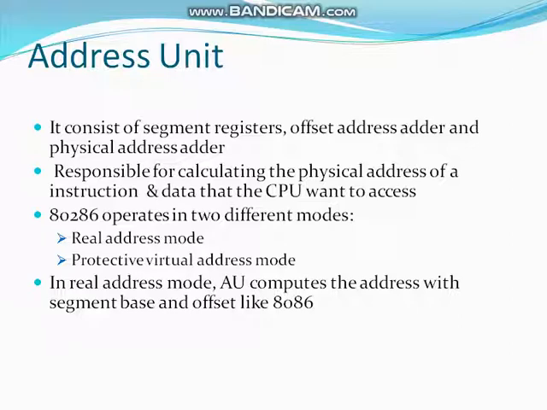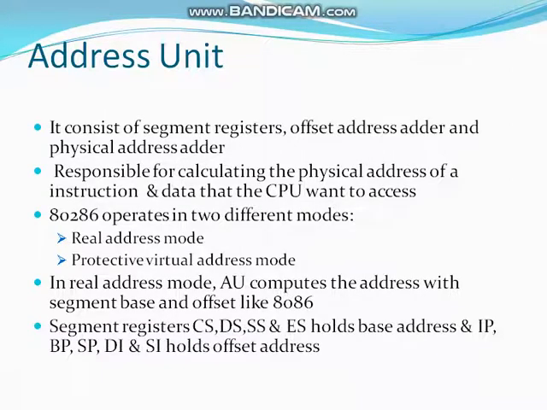In 8086 also there is a method to calculate the effective address, called the physical address, so that we can easily find the memory location, that is, the different segments of memory, from which or on which location we want to read or write the data.